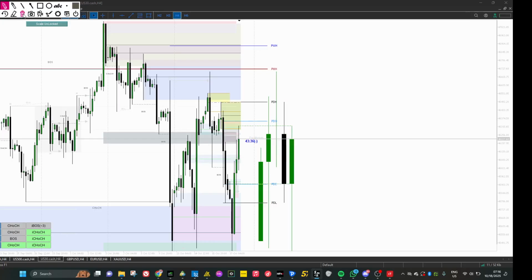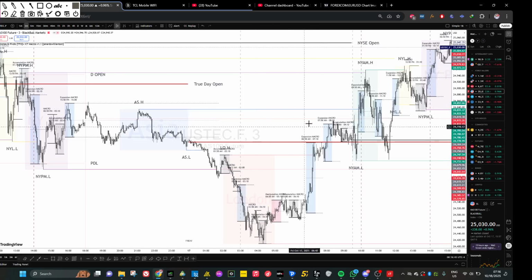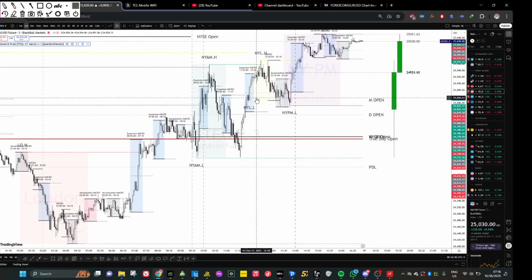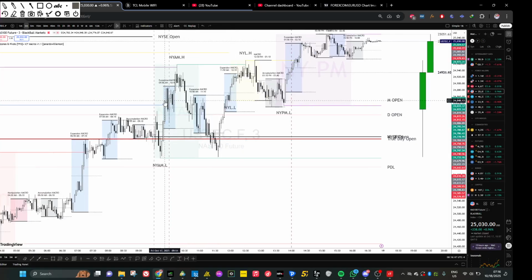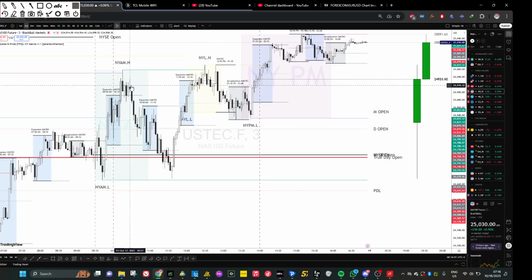You have big swings going in both directions, so we could have gotten all the way up here, which would have been the previous day's high. So that was my narrative right there, and we didn't quite make it up there, but we went pretty close.